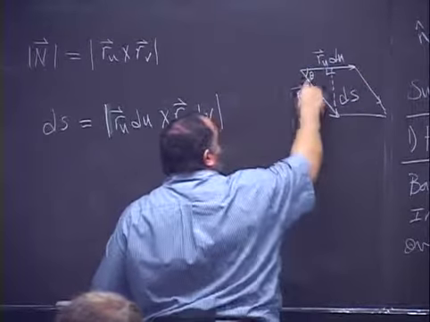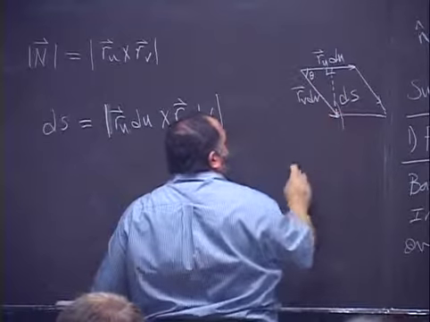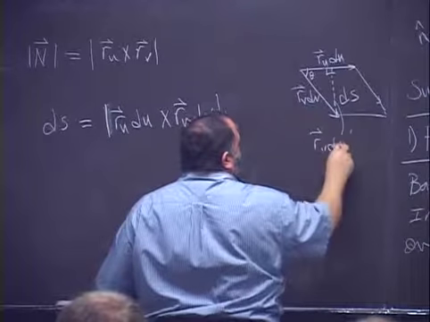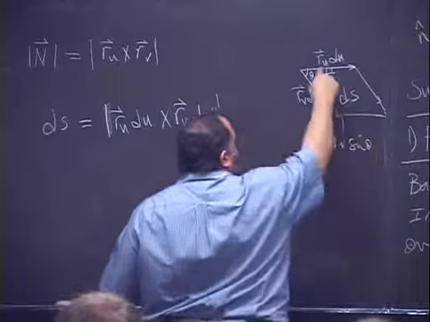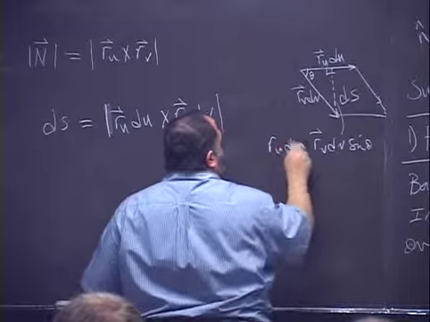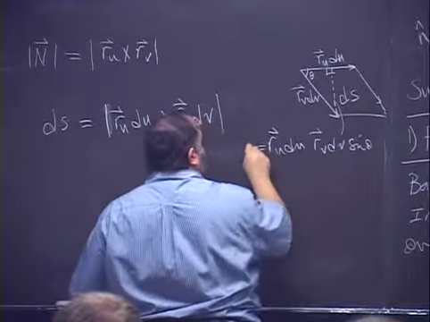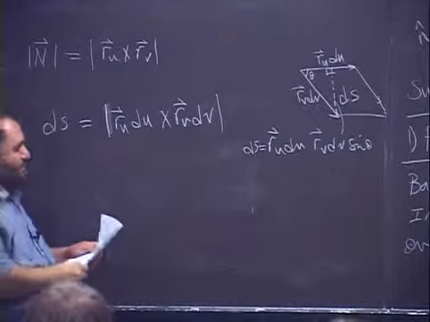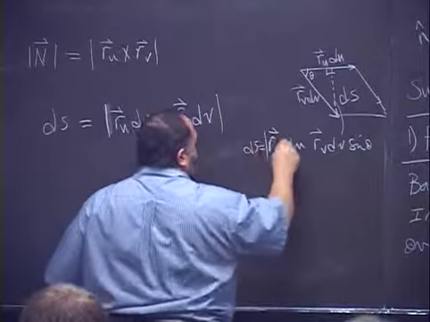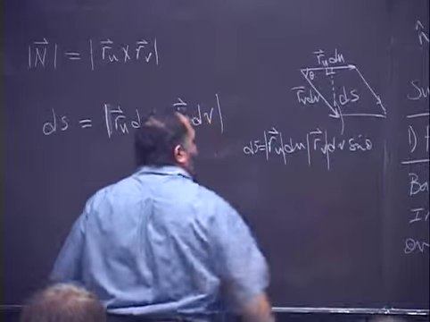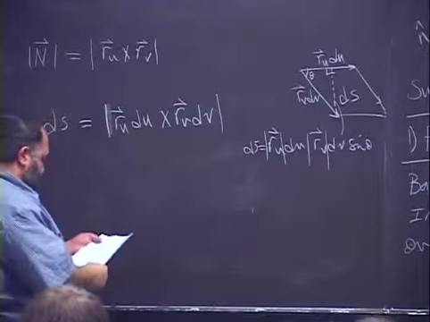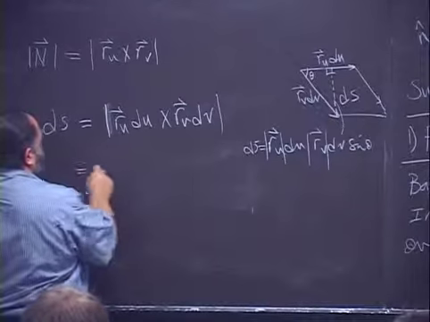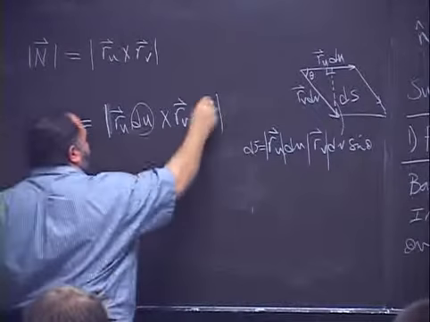This is the angle theta between both, and this is R v dv sine theta, multiplied by R u du, and this is the delta S. So delta S is just equal to this, and this is a scalar.